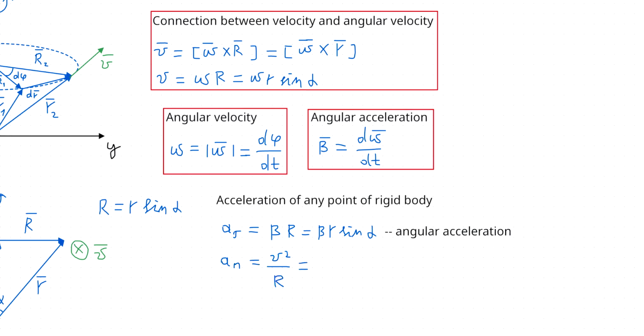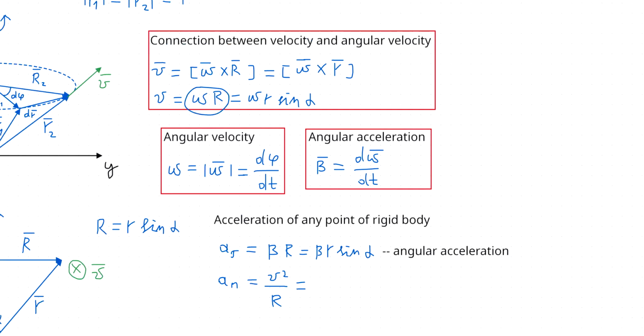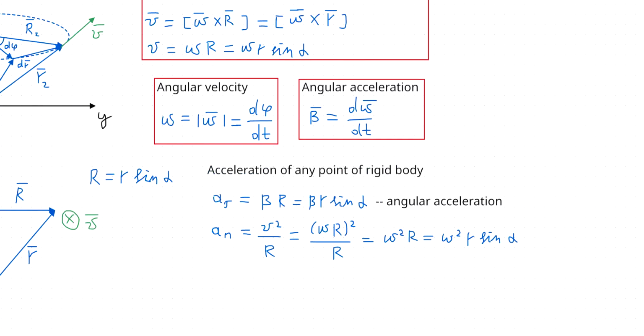So we can use this formula here, and so it will be (omega r) to the power of 2 divided by r, and it will result as omega to the power of 2 r, or it will be the same as omega squared r sine alpha. So this is normal acceleration.